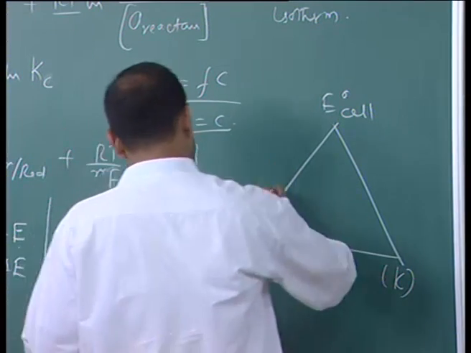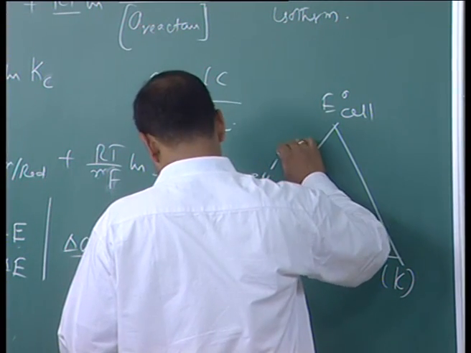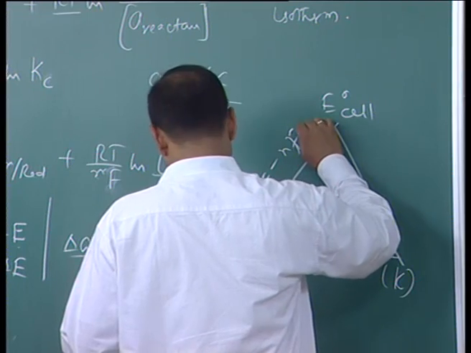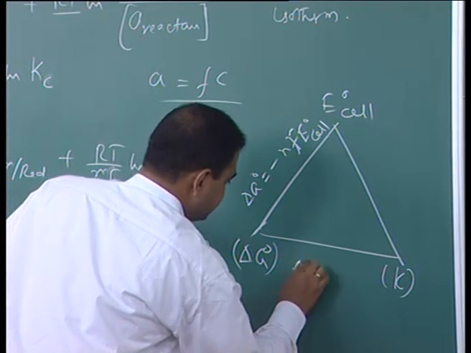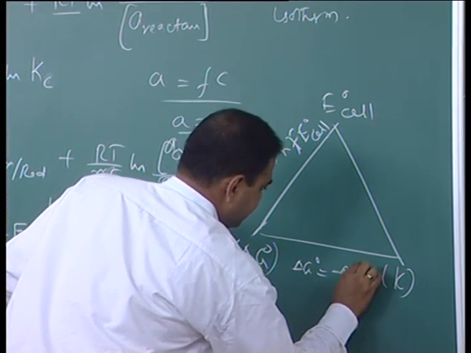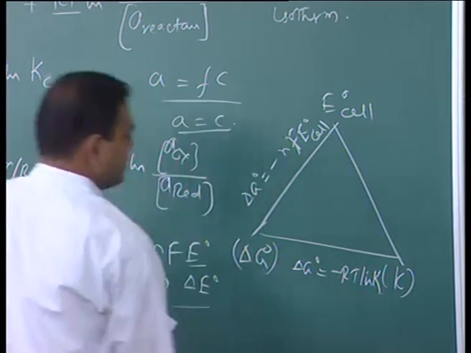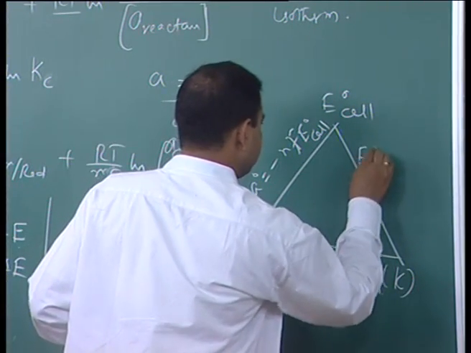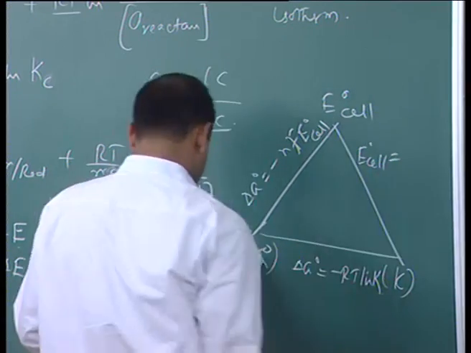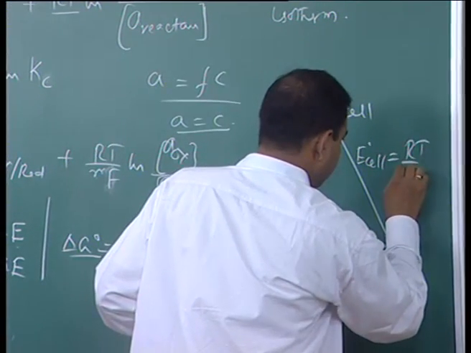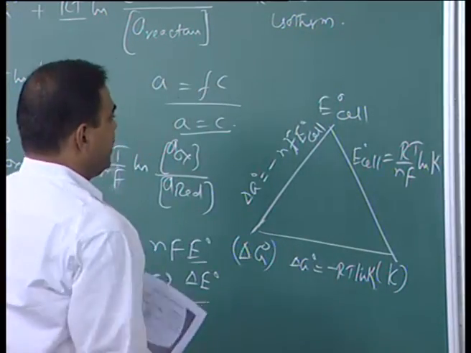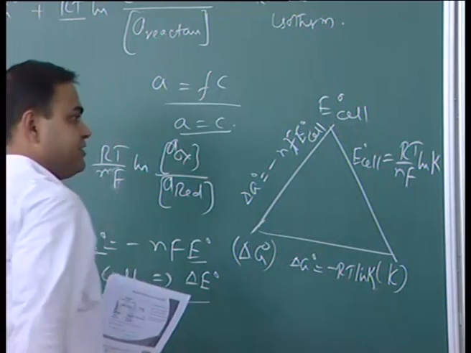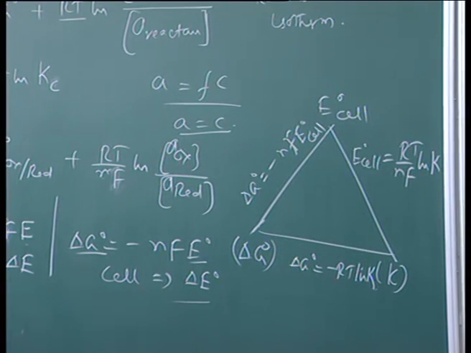Now these are also related, like del G0 equals minus nFE0 cell, and del G0 equals minus RT ln K, and this one is E0 cell equals RT/nF ln K. You can put it Ka or Kc depending on whether you are considering activity or concentration.